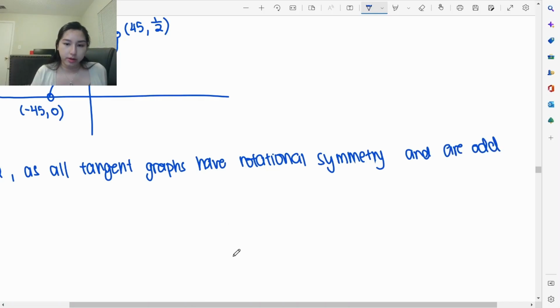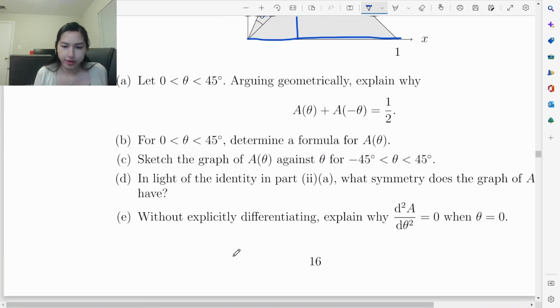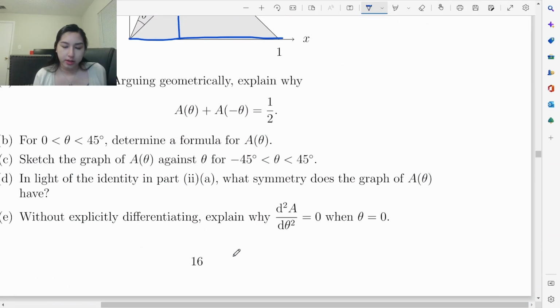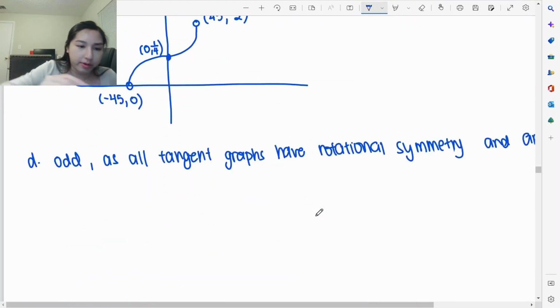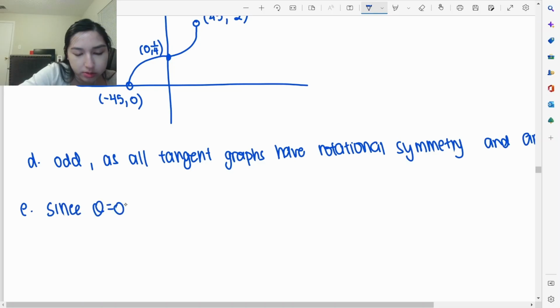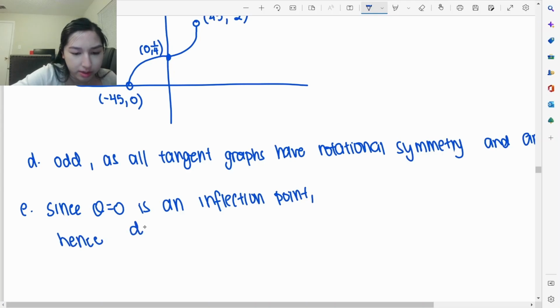Alright, that was D, and what about E now? Without differentiating, explain why. Because it's an inflection point. You can tell in the diagram. Since theta equals 0 is an inflection point, hence d2A over d theta squared should equal 0.